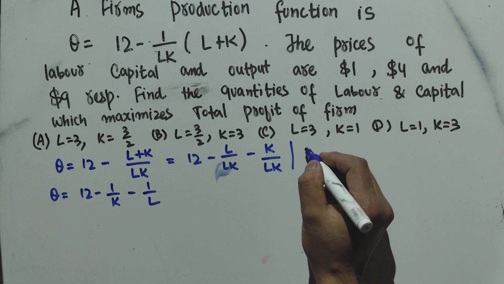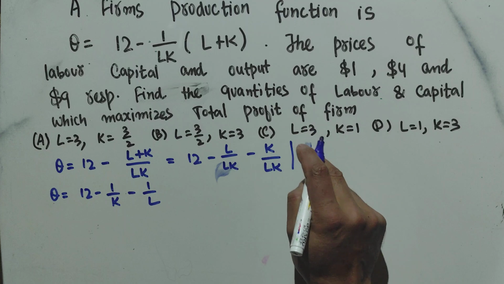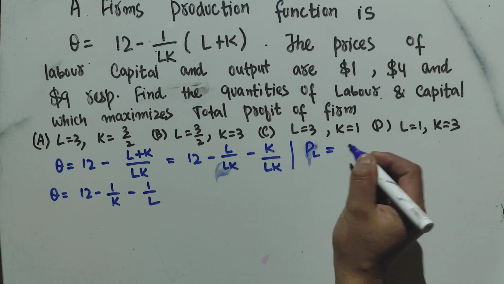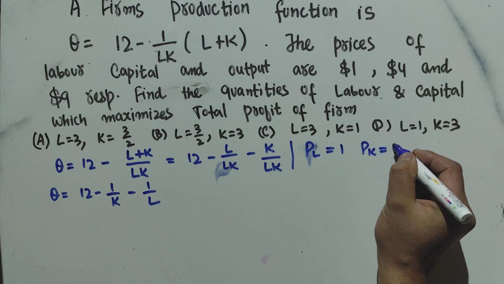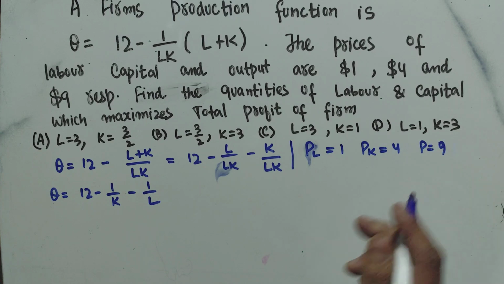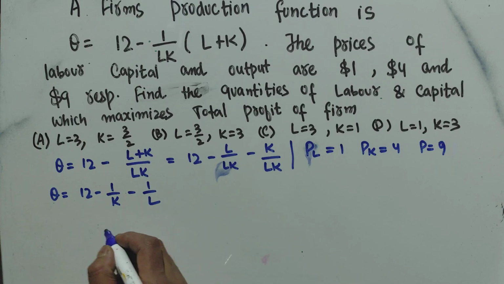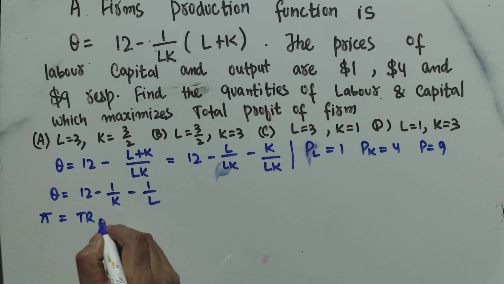We are also being told that the price of labor is $1, price of capital is $4 and price of output is $9. We need to find out the quantities of labor and capital which maximize total profit. So first let's find out the profit. Profit, as we know, is equal to total revenue minus the total cost.